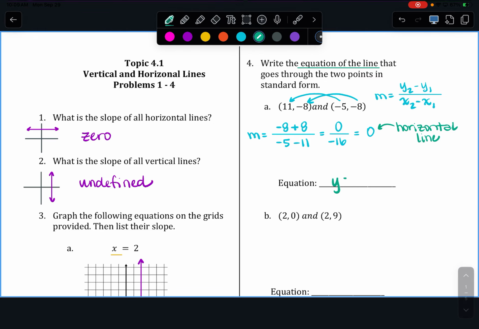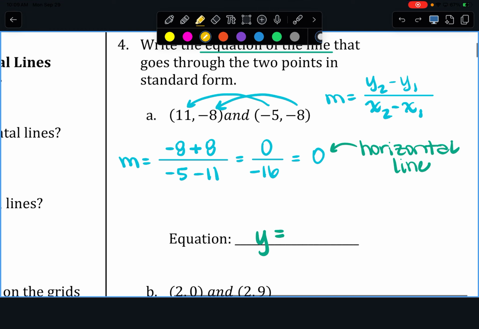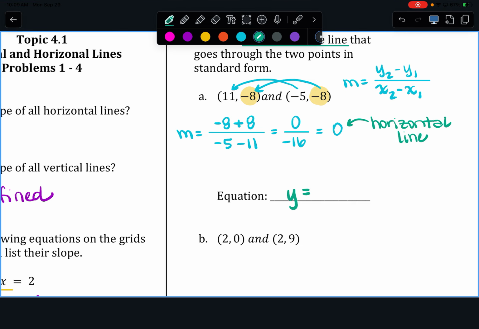So I automatically know my equation is just y equals some number because it only crosses the y-axis, but where? That's when you want to go back up to your 2 points and notice that both of my y values were -8. If you notice that, you could have hopped right to the equation. You don't even have to do any of this work. Therefore, it has to be y equals -8.